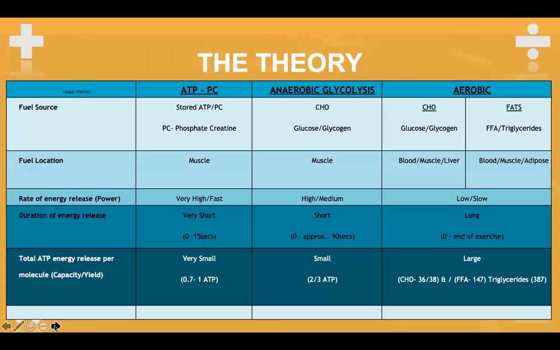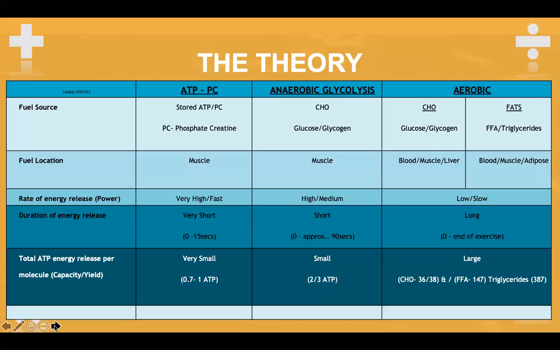So carbohydrates provide us about 36 or 38 lots of energy per molecule. And triglycerides are 387. So this is like 387 times more energy per one molecule of a triglyceride, which is a fat, than a PC molecule.